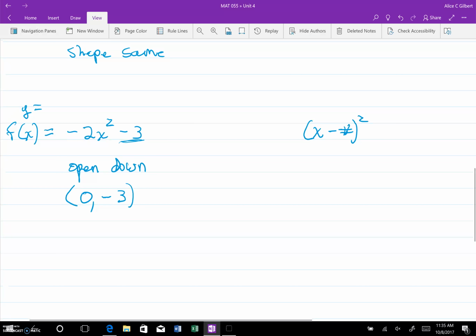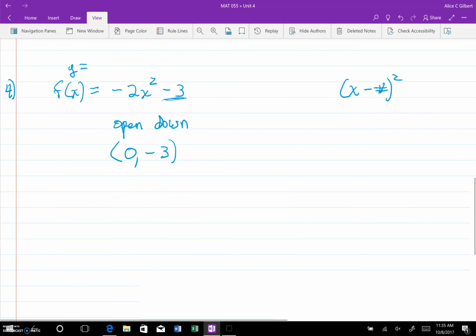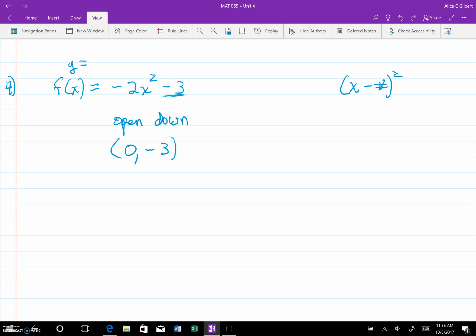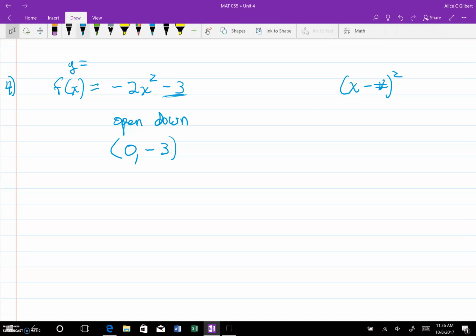Now, oh shoot. This time I need to decide, is my shape the same as the parent, or narrower, or wider? Well, I've got a number in front of this guy. My number, and not -2, just the 2, guys.